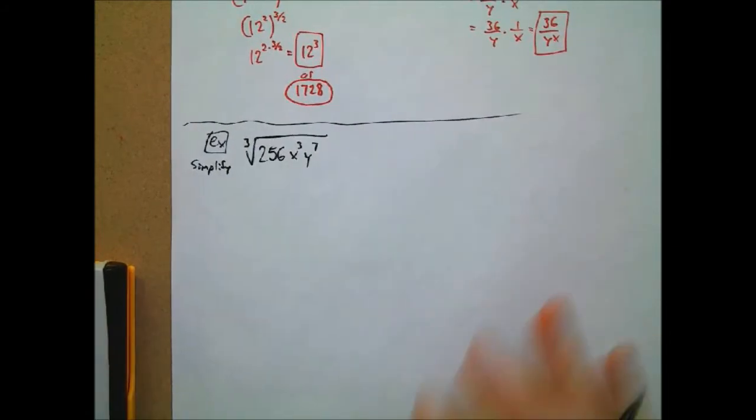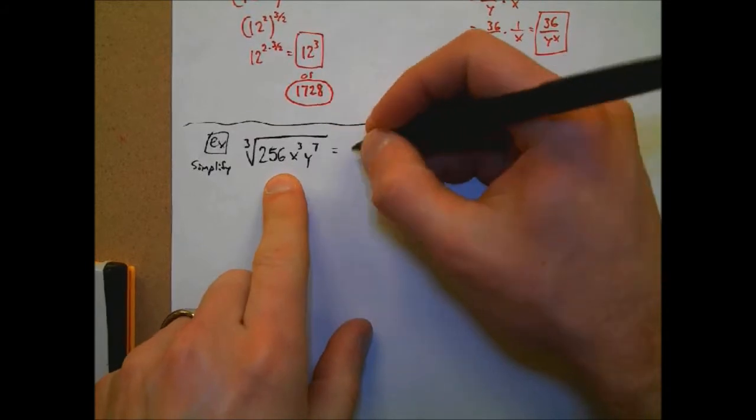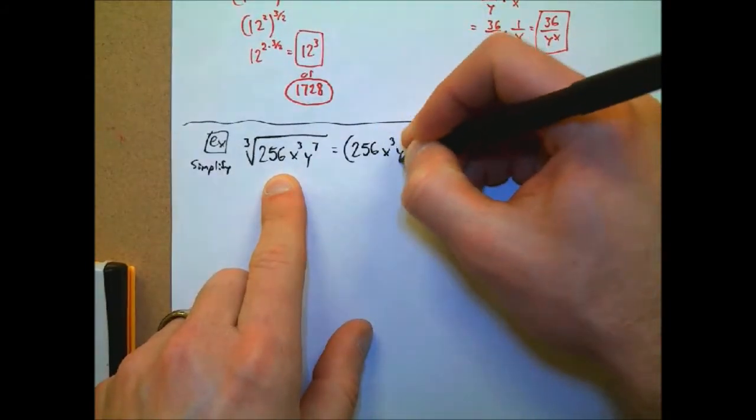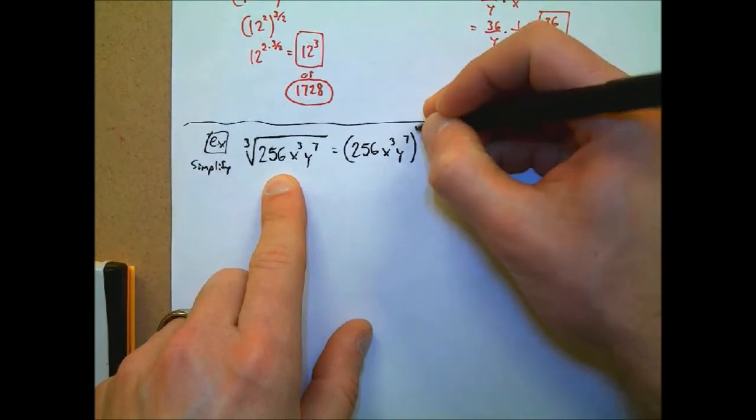We have not yet talked about simplifying with cube roots in it. But we can rewrite cube roots as what exponent? What exponent is the same as cube root? 1/3. So we're going to rewrite this as 256 x to the 3rd, y to the 7th, all to the 1/3 power.